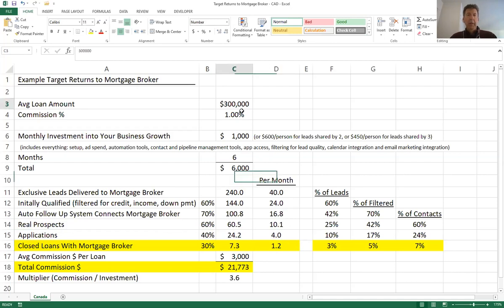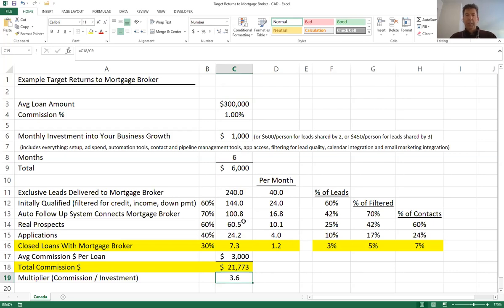Now, based upon these numbers here, we have an average commission of $3,000 per loan. So total commissions over the 6-month time period based upon those loans would be $21,000 or so. And if we take a look at essentially a multiplier, as far as money in being 6,000, money out being 21, we're looking at essentially a 3.6x on your money, on your investments in this marketing system.